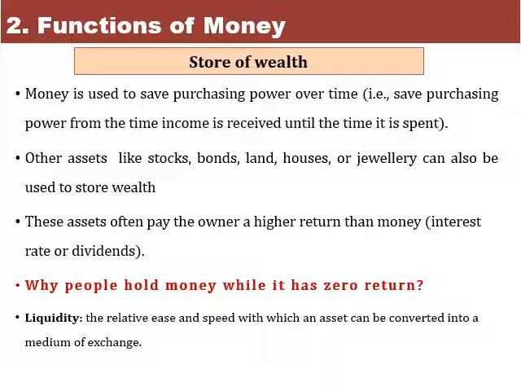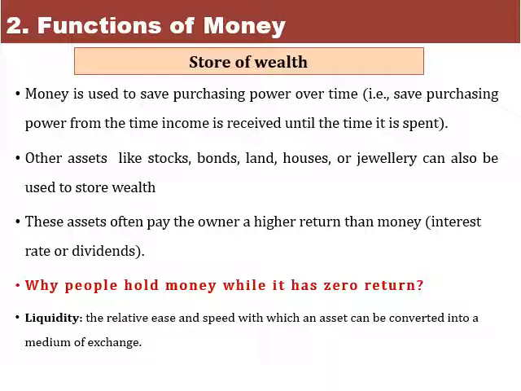So here people will prefer to hold some liquid assets. So now let's define the meaning of liquidity. Liquidity is the relative ease and speed with which an asset can be converted into a medium of exchange or a way of payment.